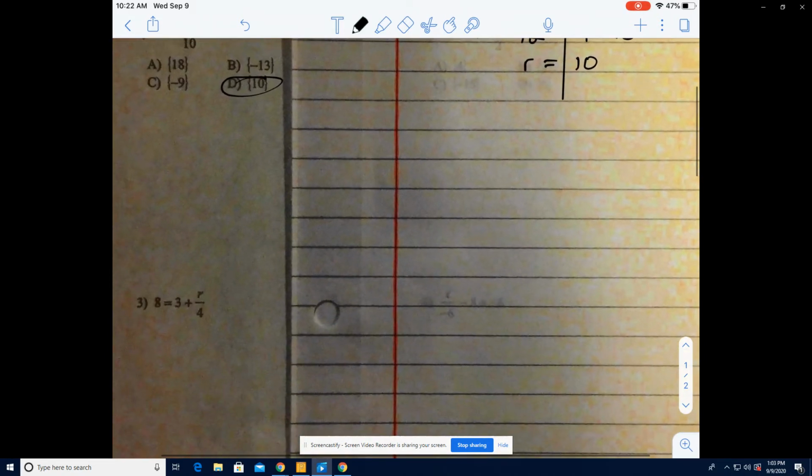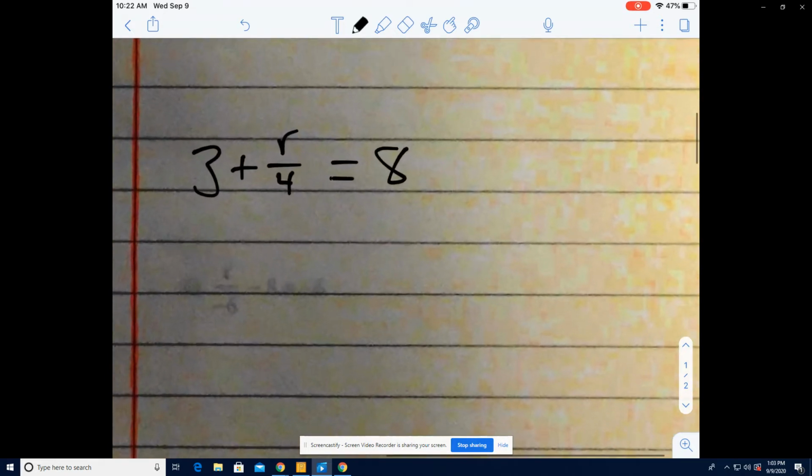Looking at question number 2, I'm going to rewrite this so that what's on the right side is on the left side. So 3 plus r over 4 is equal to 8. Same steps. I'm going to get rid of this number first. So I'm going to do the inverse of addition because it's a +3.